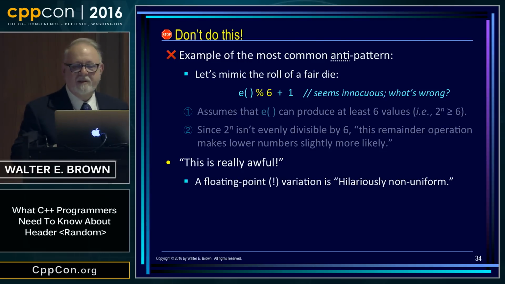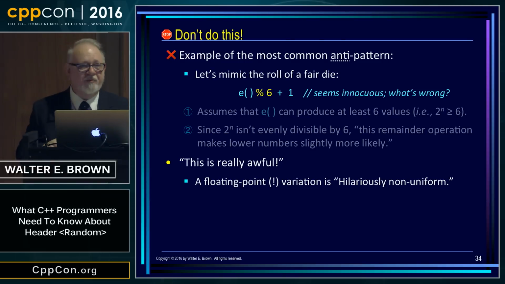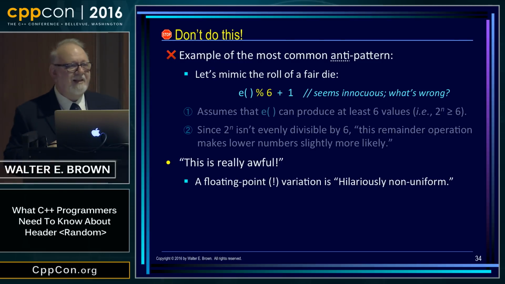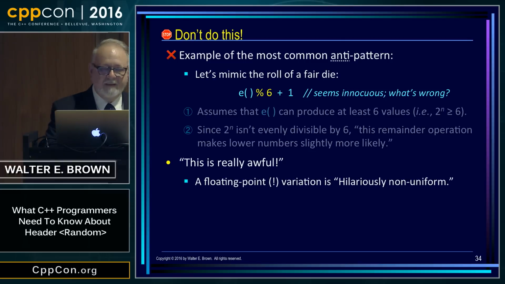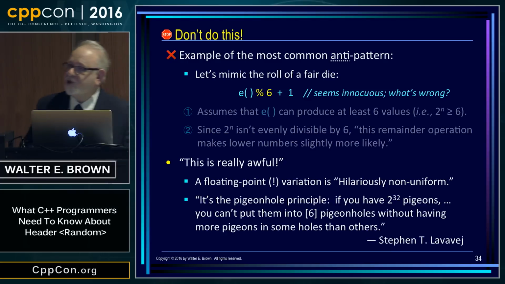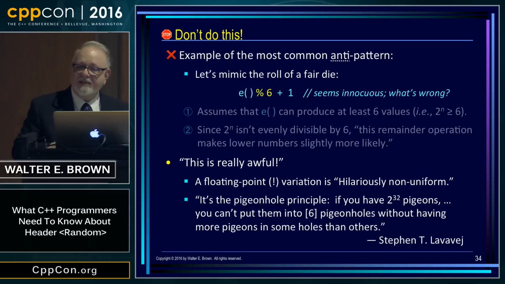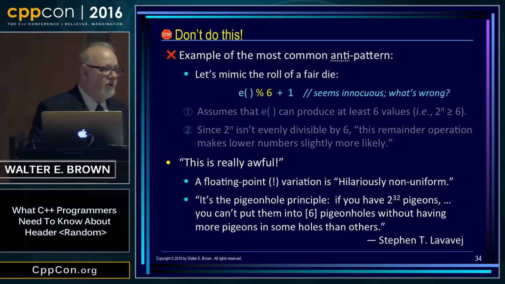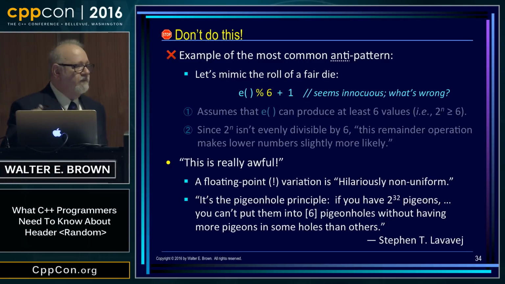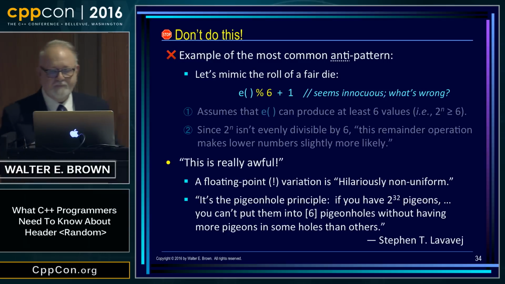Heaven help us, which our colleague says is hilariously non-uniform. Love that phrase. Hilariously non-uniform. And then he goes ahead and he explains it in his inimitable style. It's the pigeonhole principle. If you've got 2 to the 32nd pigeons, you can't distribute them into 6 pigeonholes without putting some more pigeons in one hole than others. And of course, this is our friend STL, who's here at this conference, Stefan Laboway.